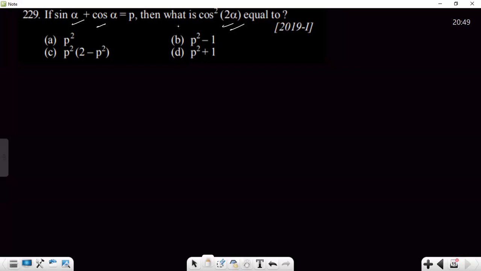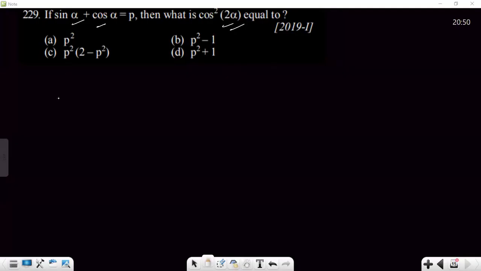So we can assume any value for alpha. Tell me any value, we can take 0, 30, 45, 60, 90. What will be the best? 45, sir. Okay, let's take it.